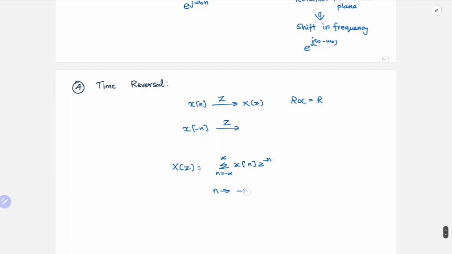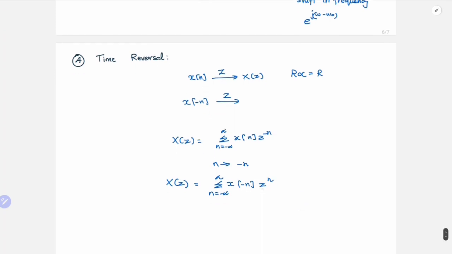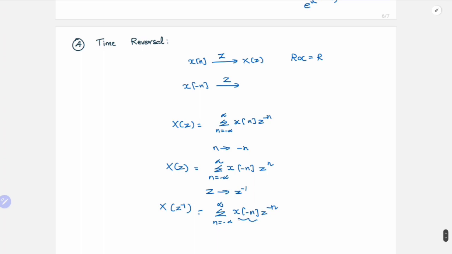So I replace n with minus n. Your summation is again going to go from minus infinity to infinity, you will have x of minus n z power n. Now to bring z power minus n here, I replace z with z inverse. Then I'll get summation n equal to minus infinity to infinity x of minus n z power minus n. So the z transform of x of minus n will be x of z inverse.